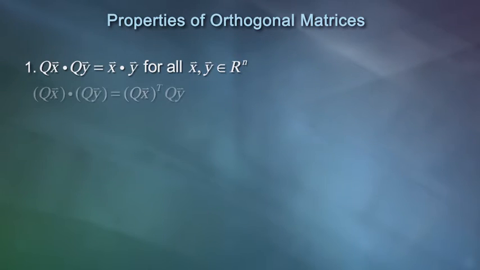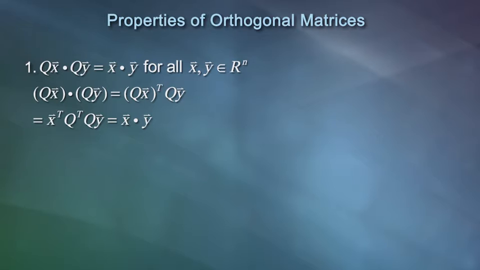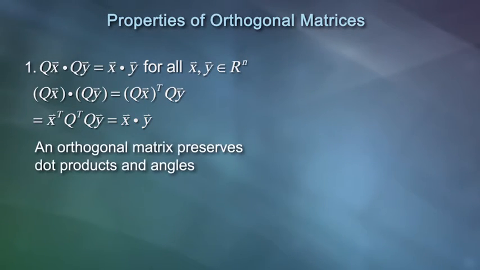This follows because Qx dot Qy is, as matrices, just (Qx) transpose times Qy, which is x transpose times Q transpose times Q times y. Since Q transpose times Q is the identity, this product is just x dot y as desired. We can summarize this property by saying that an orthogonal transformation preserves dot products, and therefore also angles.